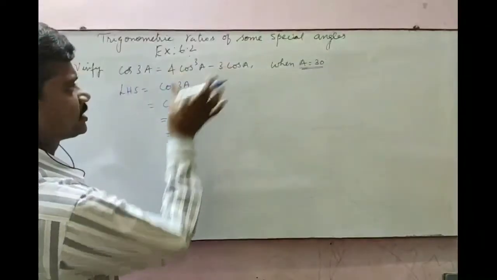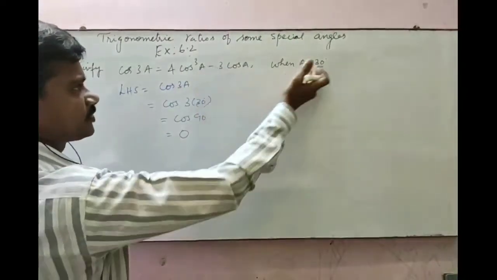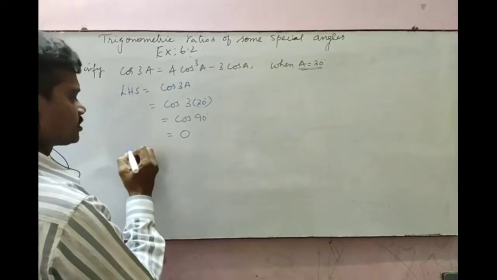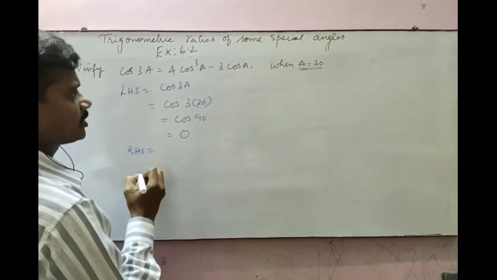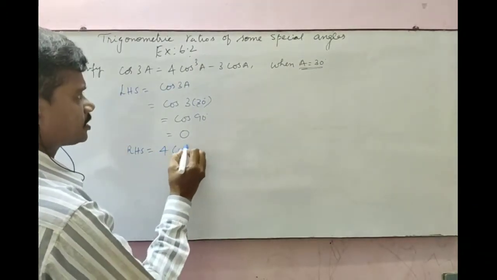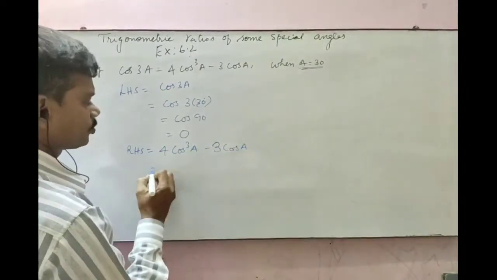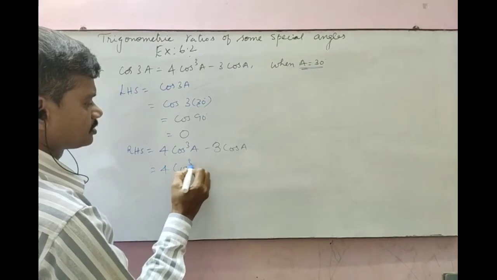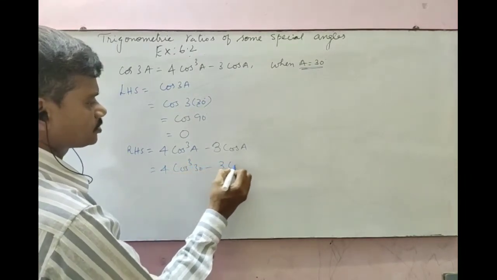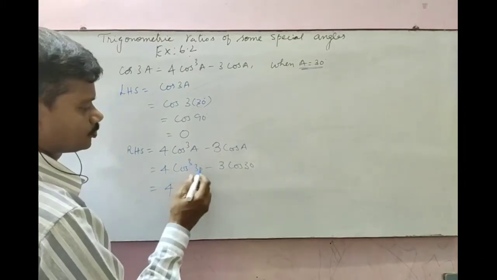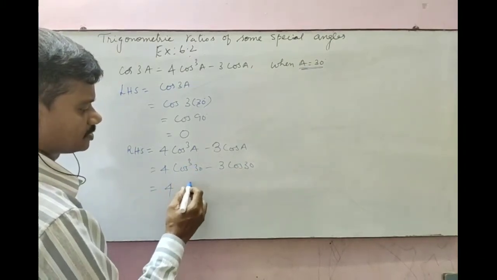Now I am going to take the right hand side and substitute the value of a as 30. So again the answer of right hand side has also come as 0. So 4 times cos cube a minus 3 cos a. Now I am going to substitute the value of a as 30 degree. Cos cube 30. What is the value of cos 30?